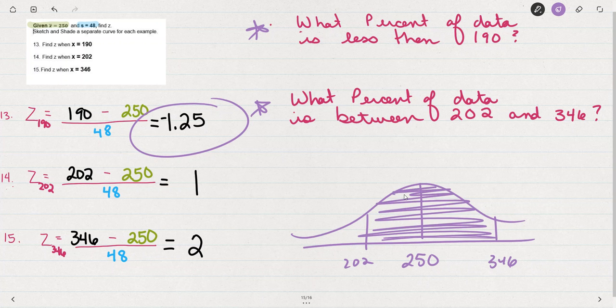So I could use a z-score of 2 and, oh, you know what? I think I left off the negative here, correct? A z-score of negative 2 and then the z-score for negative 1. Find the values on the chart for each of those, subtract them, and that'll give us this area between.